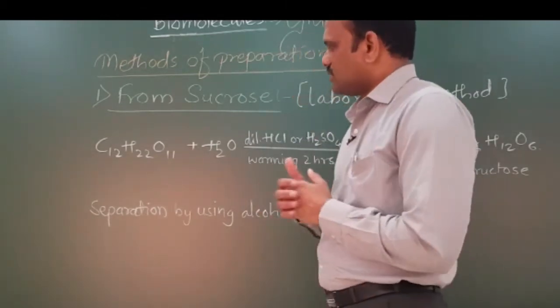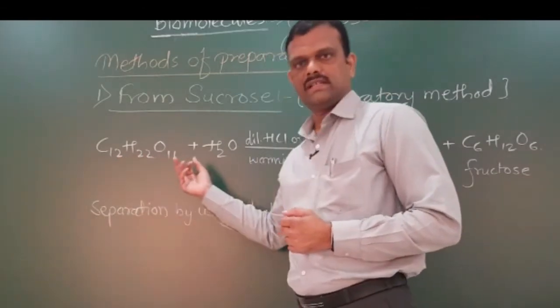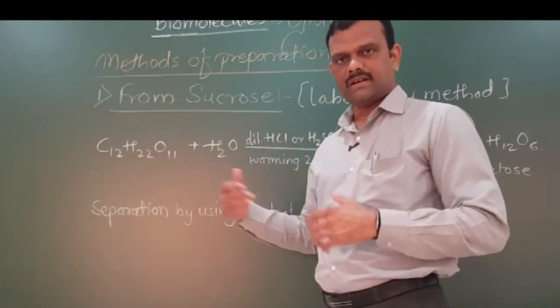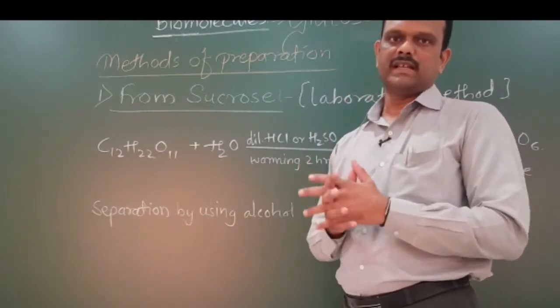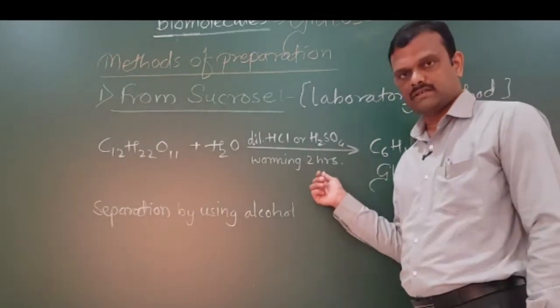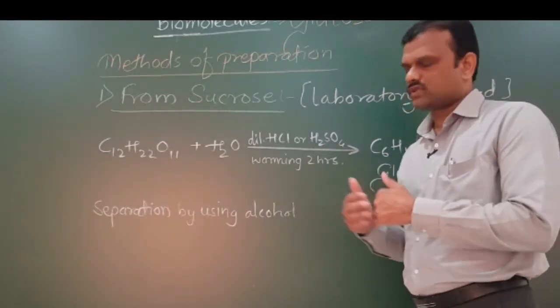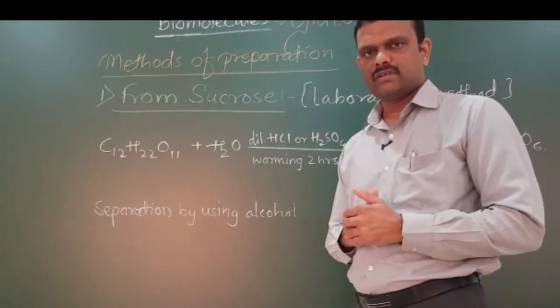Now what we have to do, that is cane sugar or sucrose, you have to dissolve it in water. After that you have to reflux the reaction mixture, you have to boil the reaction mixture for approximately 2 hours. That means this is a lengthy, time consuming process, but it is a laboratory method of preparation.